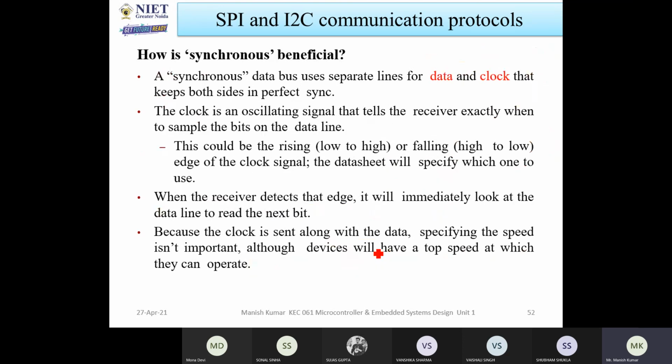Now first you have to think about how a synchronous communication protocol is beneficial. If it is not beneficial, then I'm not going to use it.